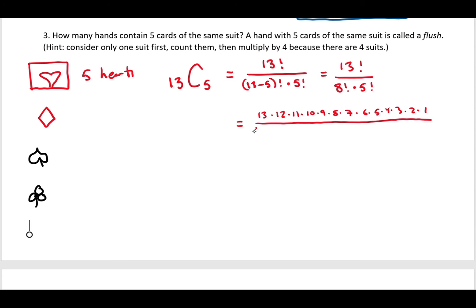And then the 8 factorial would be 8 times 7 times 6 times 5 times 4, 3, 2, and 1. So there's the 8 factorial on the bottom, and then there's another 5 factorial. So 5 times 4 times 3 times 2 times 1.